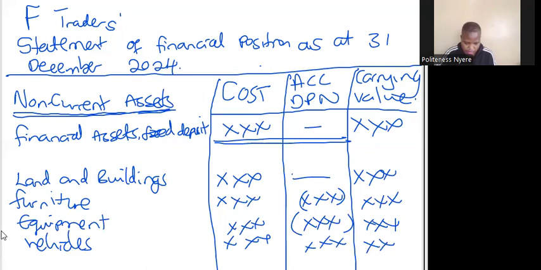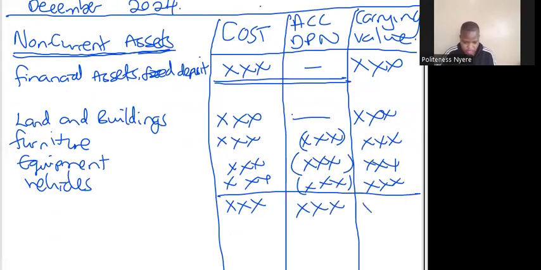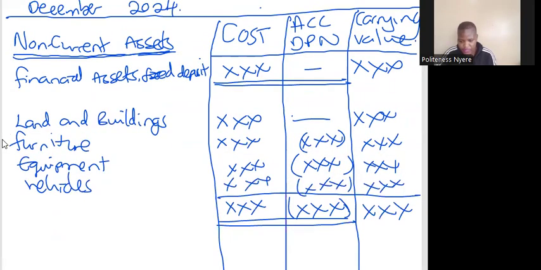And then at the end of the day, we have to add the columns. You add, so the column that we are concerned about, that we want, is this one. So you don't underline it.